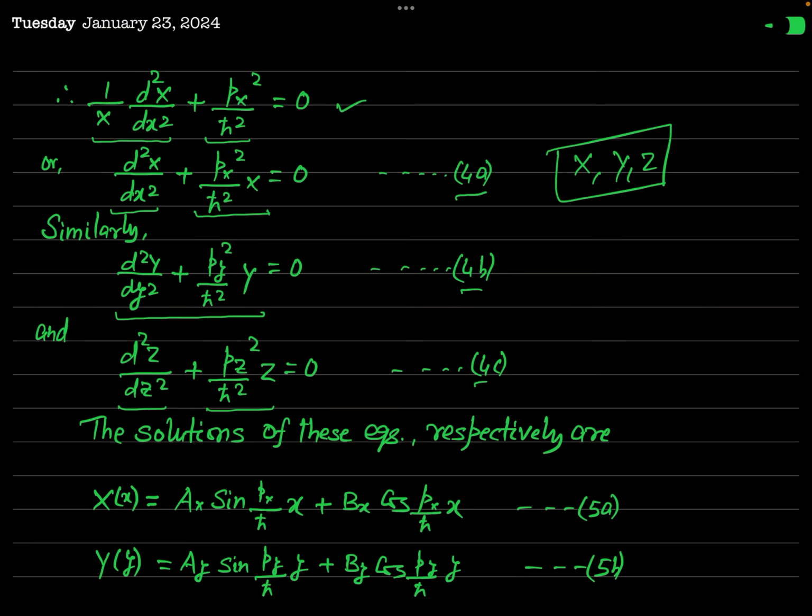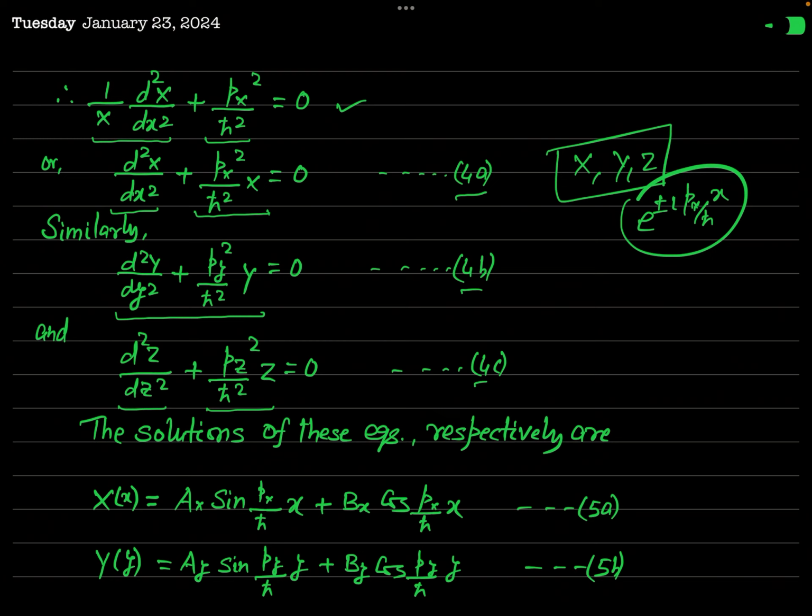So the solution may be written either in terms of e to the power ±i px x/ħ, or in terms of a sine function or cosine function, or a combination of sine and cosine functions.